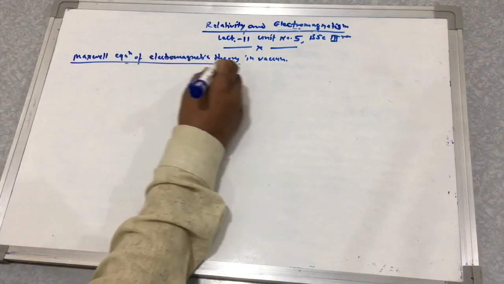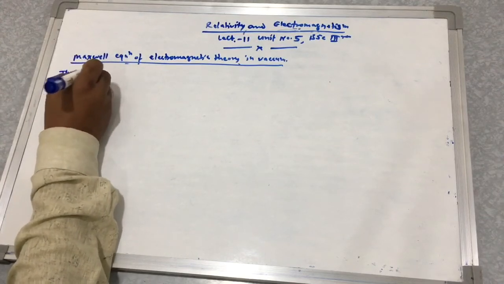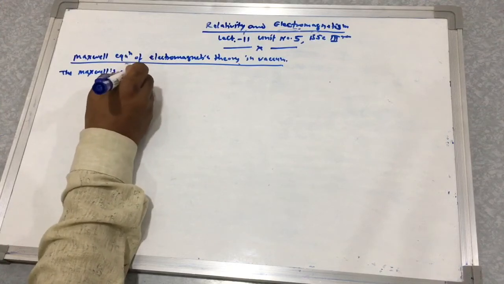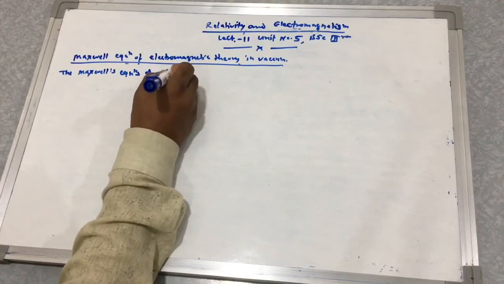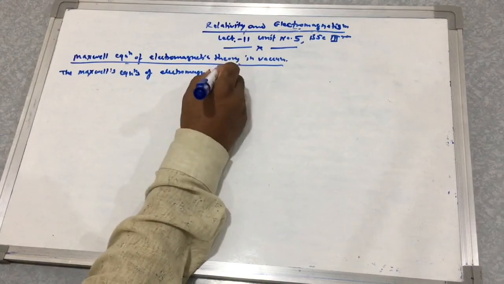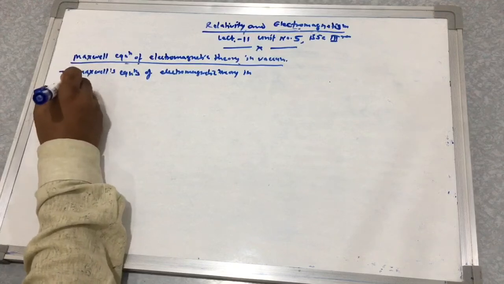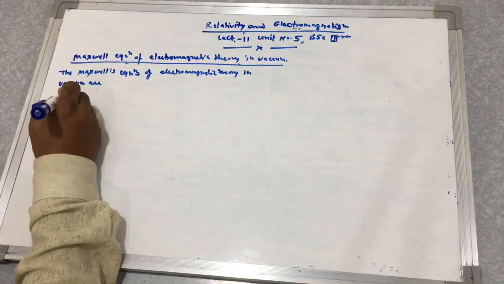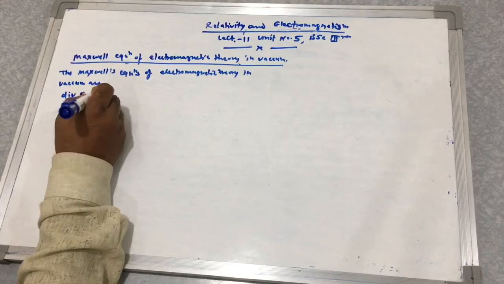We have to write like this: the Maxwell equations of electromagnetic theory in vacuum are: divergence of E is equal to 0.